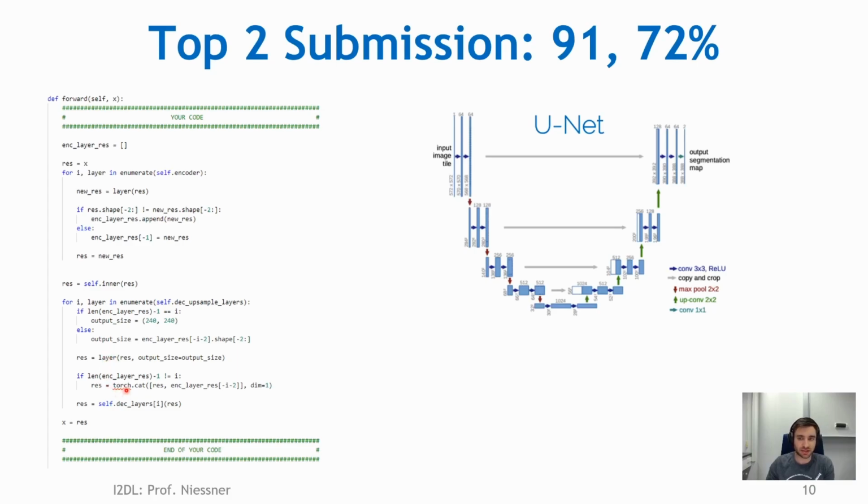The interesting part of the U-Net is that we concatenate the current features from the decoder with the corresponding features from the encoder, and pass this on through the next layer. Here on the left-hand side, you see an illustration of the U-Net, which you already know from the lecture. So this roughly corresponds to the structure of this network here.